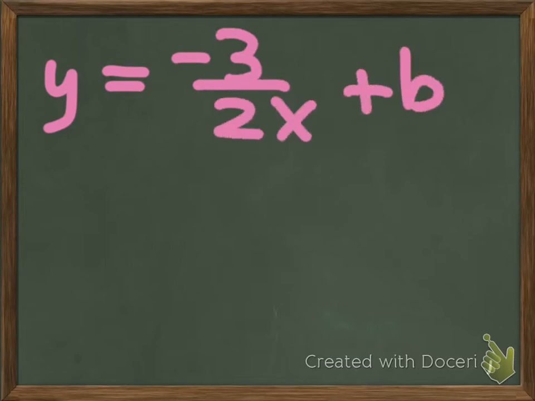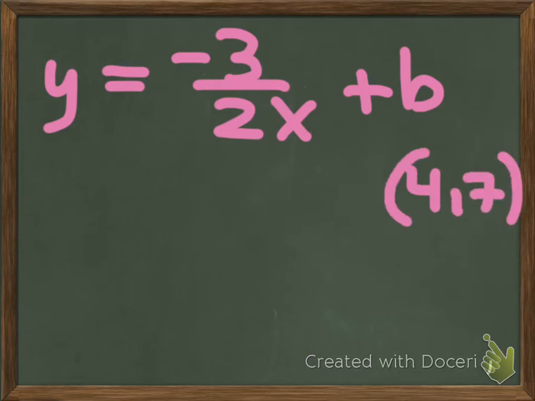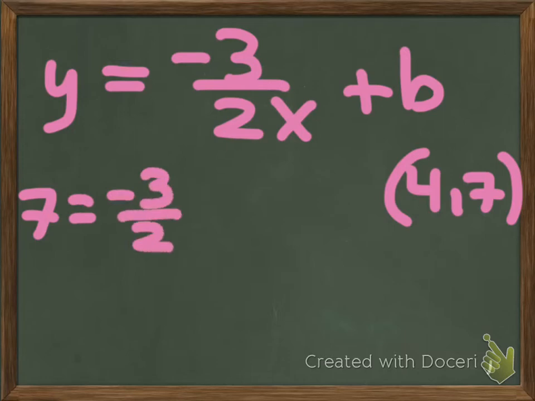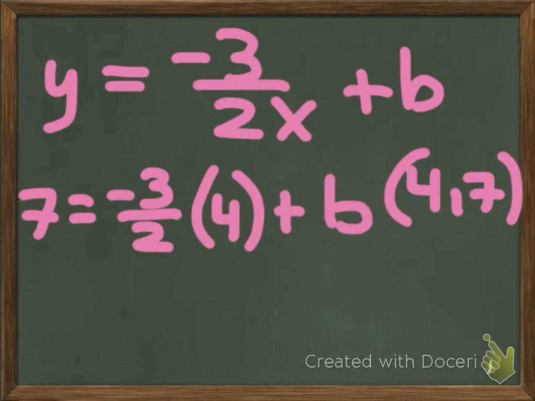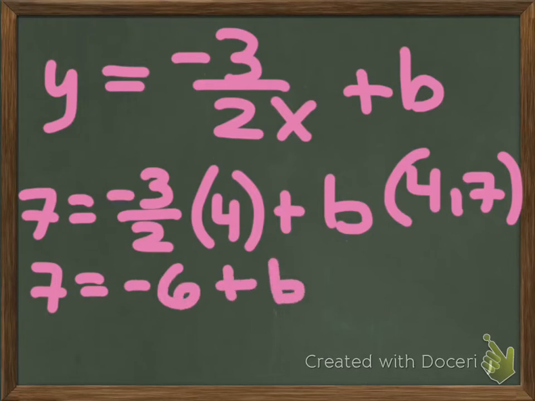And to get the b value, we need to use the point they give us, 4, 7. So I'm going to plug in 7 for y, 4 for x, and I'm going to solve for b. So I get 7 equals negative 6 plus b.